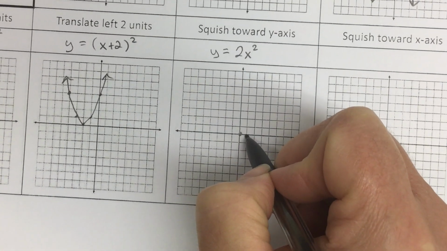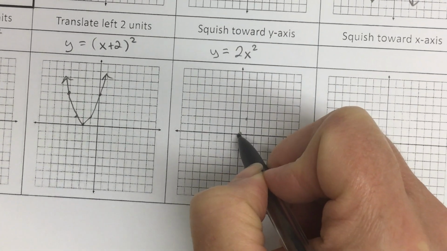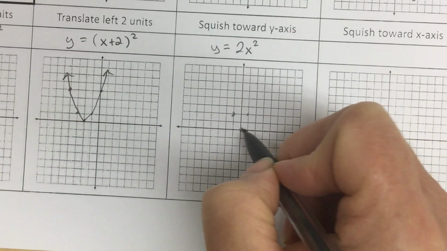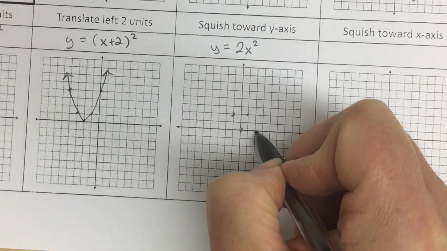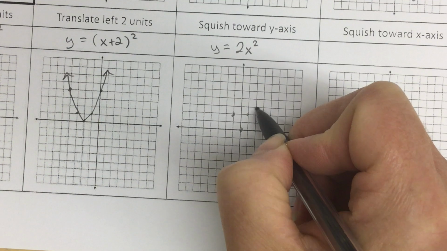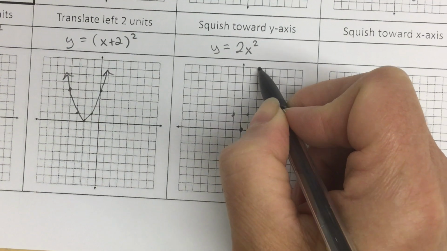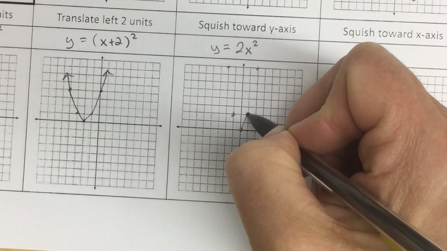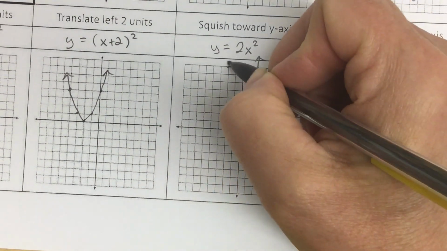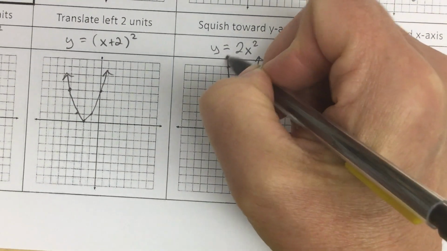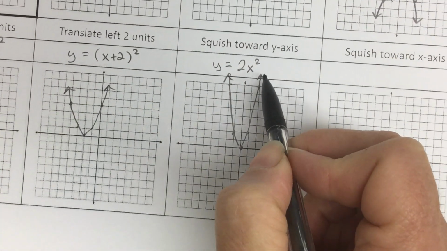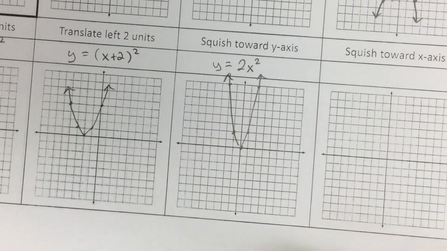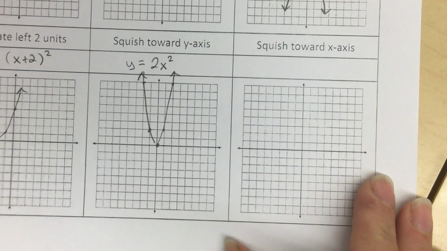It's going to go over 1, up 2. It's going to go over 2. Instead of going up 4, it's going to go up 8. 1, 2, 3, 4, 5, 6, 7, 8. So if you have a number on the outside multiplied by the x squared, it's going to make it skinnier if the number is bigger than 1.